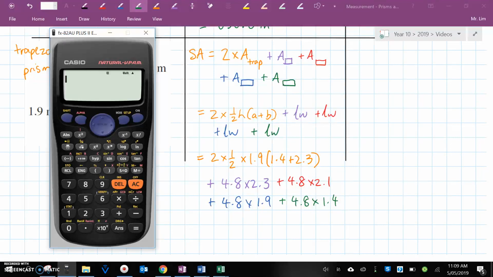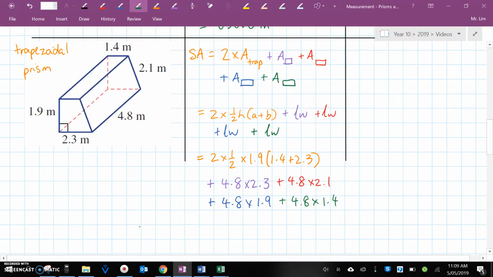Let's put that in a calculator. 2 times half times 1.9 times 1.4 plus 2.3 in brackets plus 4.8 times 2.3 plus 4.8 times 2.1 plus 4.8 times 1.9 plus 4.8 times 1.4 is 43.99 square meters.